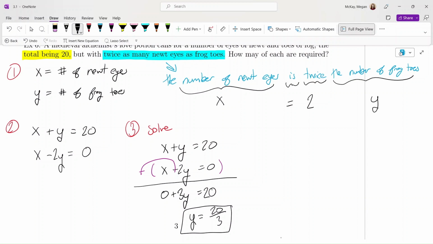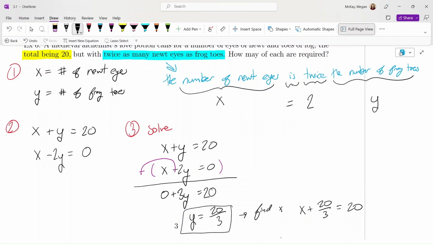But again, we're not yet done. We found y, but we still need to go ahead and find x. So find x. We can take either of the original equations. Here we have x plus y, y is 20 over 3, is equal to 20.